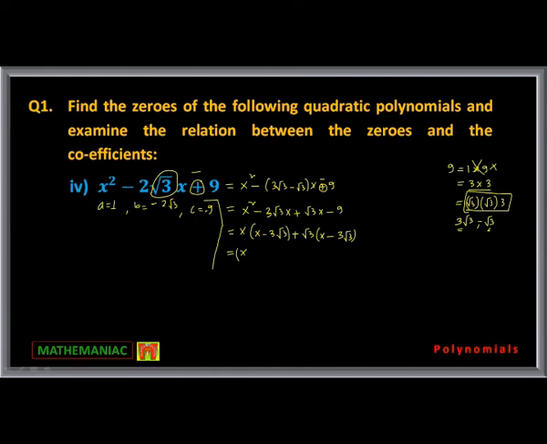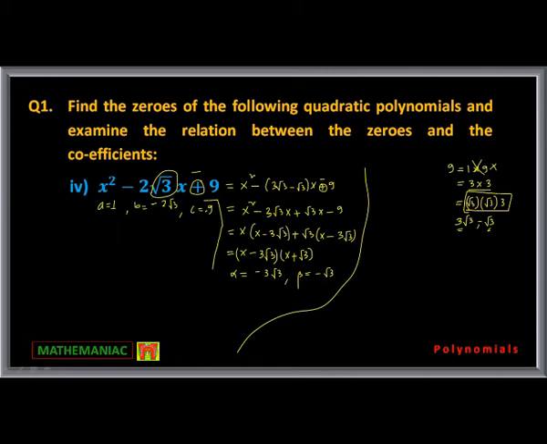So all that you ultimately get is this particular factorization. So what is the alpha? This. And what is beta? Minus root 3. Okay. So here this was a little typical, because root over was involved, and of course while typing I only made a mistake. It should be minus.